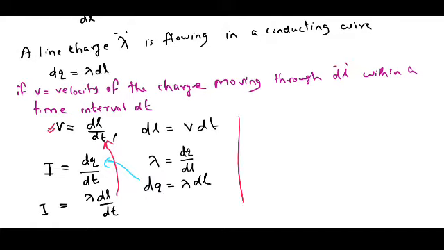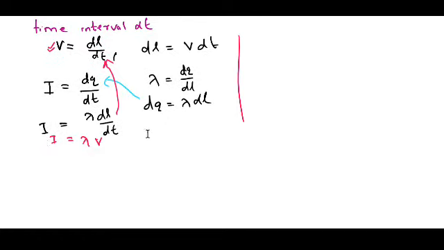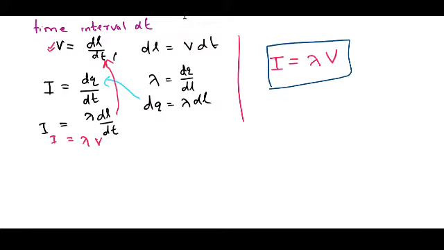Therefore, instead of dl by dt, we can write v. So this current can be written as I is equal to lambda v. This is the current flowing through the wire having the linear charge density lambda.